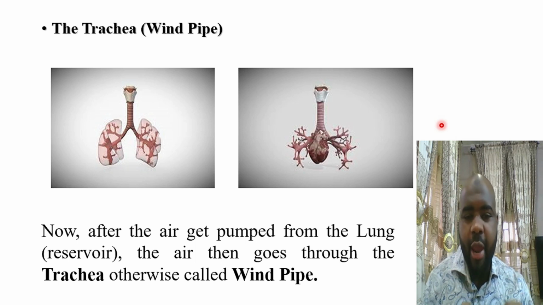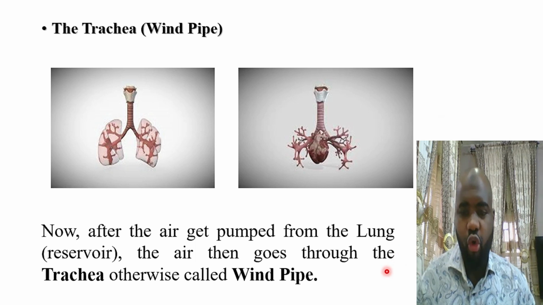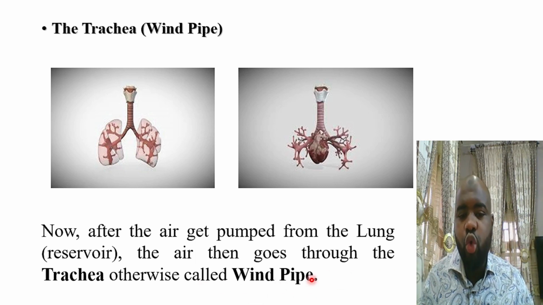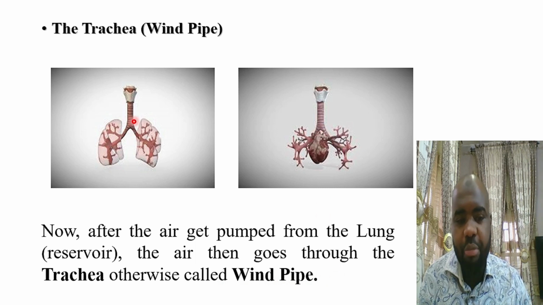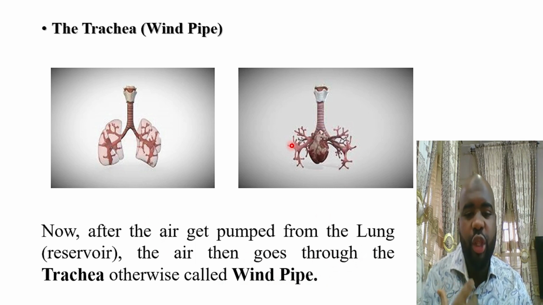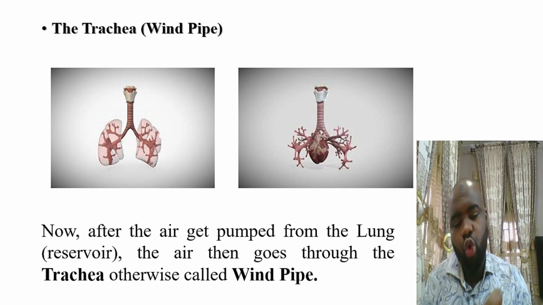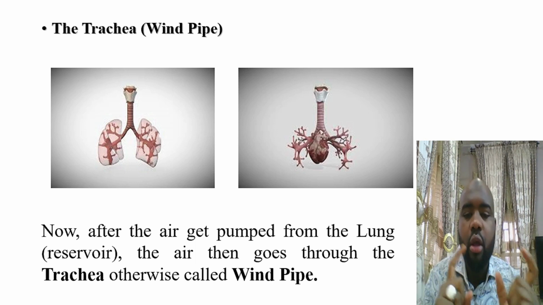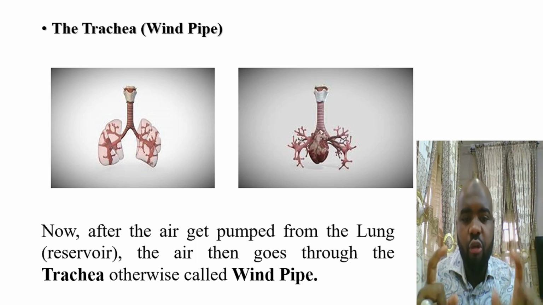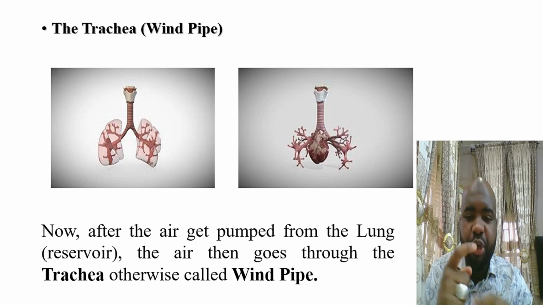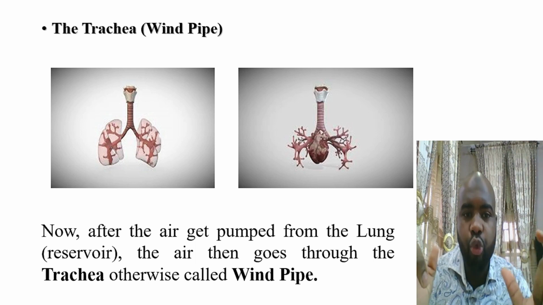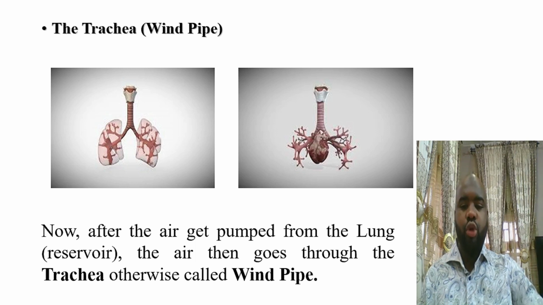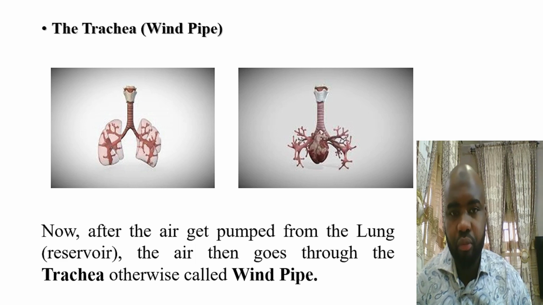After the air gets pumped from the lungs, which happen to be the reservoir, the air then goes through this pipe, otherwise called the windpipe. It has to go through a certain channel before it gets where the air will be worked on to be turned into sounds. So this is the windpipe, the trachea, somewhere around here. Now let's move on.